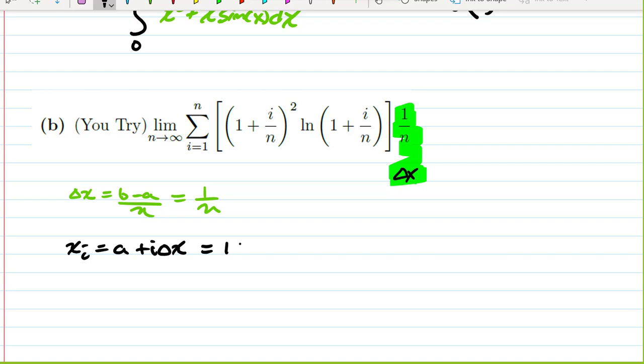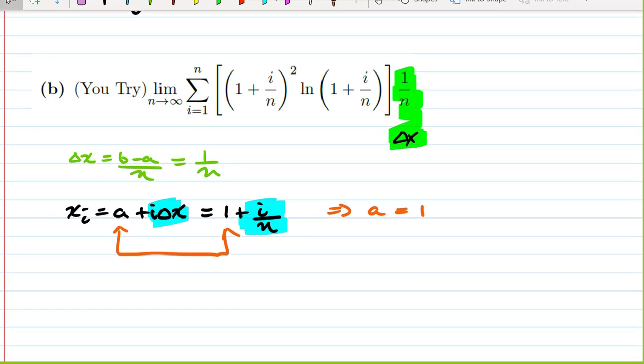So it's going to be 1 plus i over n. So we have then that the i delta x is this piece right here. So then that leaves for our equality that a has to be 1. Or we could just plug that into our formula and we'd get the same thing.